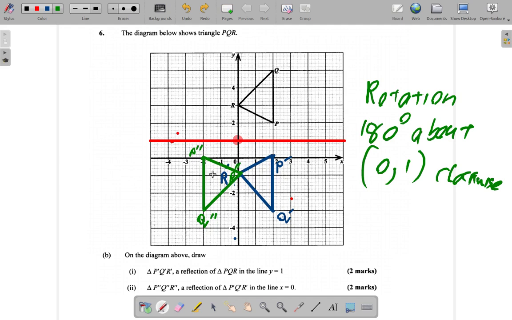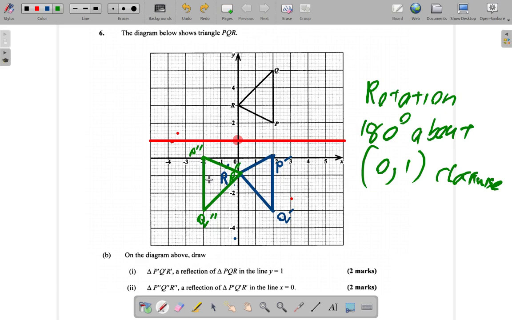Alright, so you had two transformations here. In the first place, there was a reflection over y equals 1, then a reflection over x equals 0.